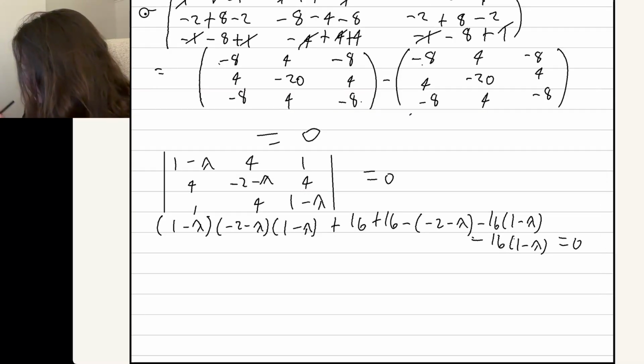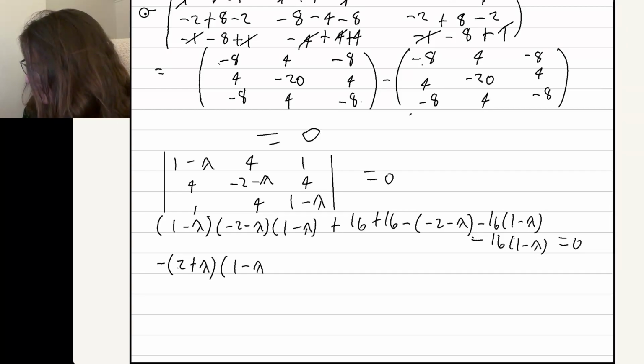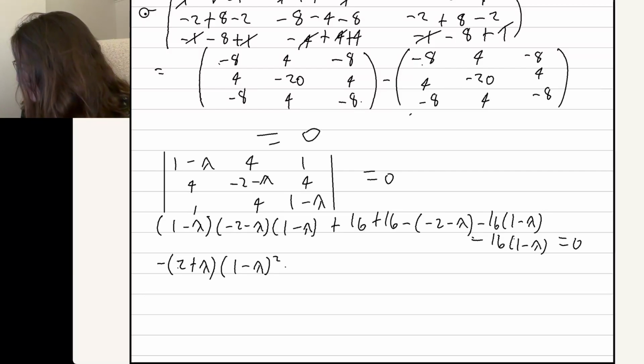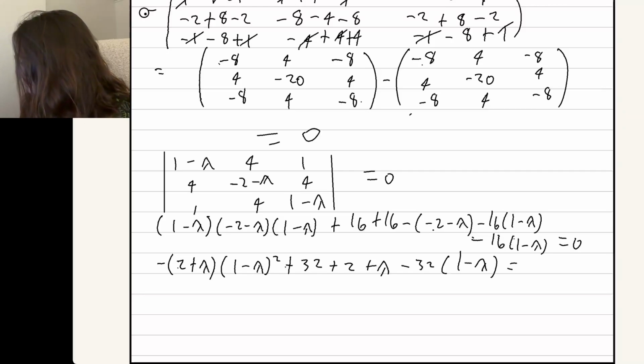We're going to group this together in a way that is nicer. Moving the minus sign out of the 2 plus lambda term, with a 1 minus lambda squared term left over. Adding up the 16s to make 32. Moving the minus sign through this term here, so it's going to be plus 2 plus lambda, and then grouping up the minus 16 lambda stuff into minus 32 times 1 minus lambda, right?